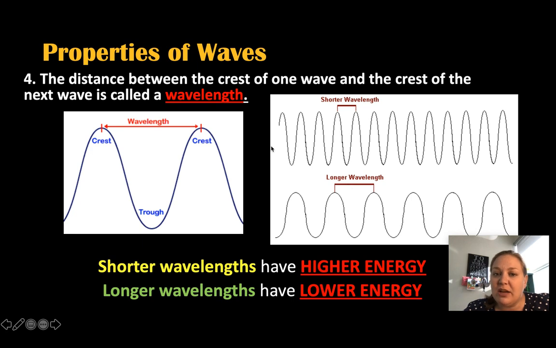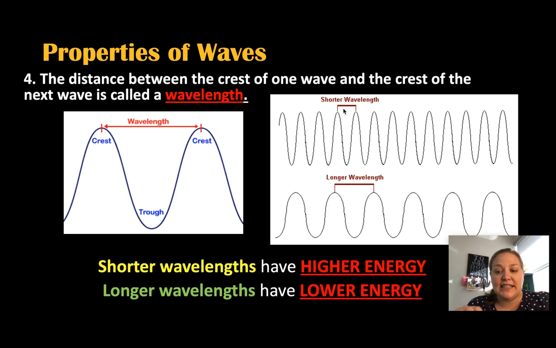Now, I want you to think about this being at the beach. So if you are at the beach and there is a short wavelength, it means that you have waves coming on shore very, very rapidly. Okay, that has more energy than a day at the beach where there's a long wavelength.